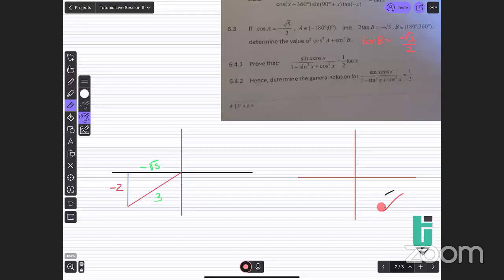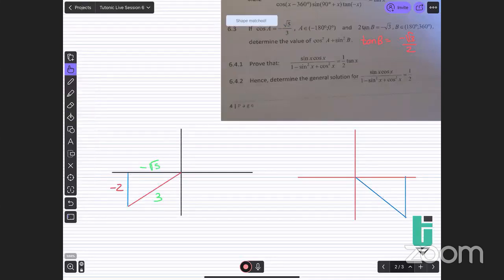Okay, so let us do that. No, let's change the color. So what do we know? Tan beta is opposite over adjacent. So who's going to fill it in for me?